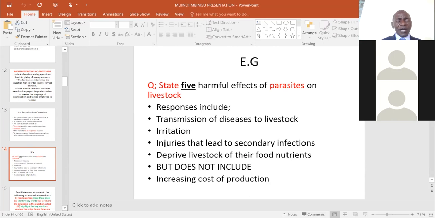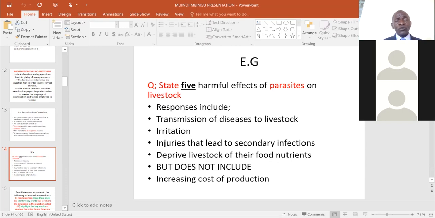And if you don't read the question 2 times, you might fail to recognize the word livestock, because the parasites have effects on livestock. They also have effects on human beings. So that word livestock is strictly confining you to harmful effects of parasites on livestock and not on human beings.